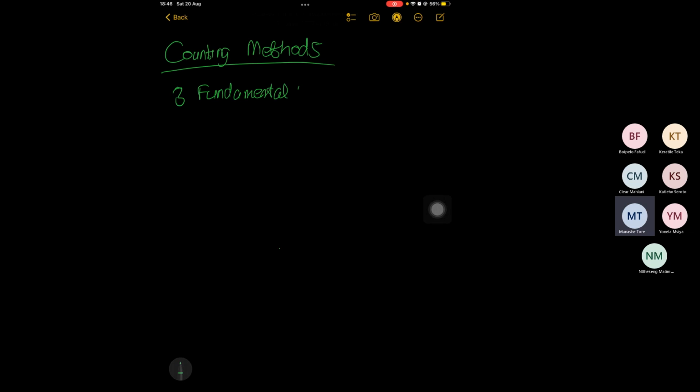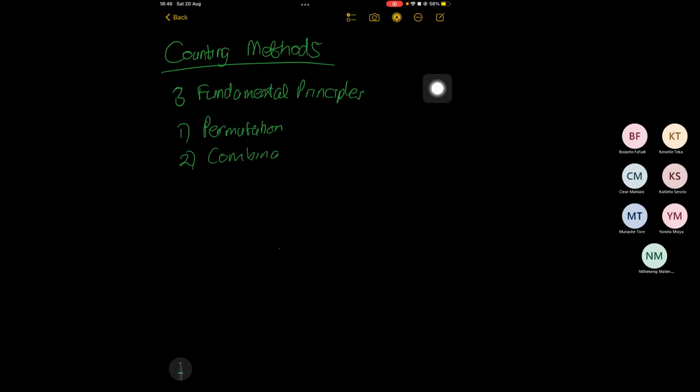The first one is permutation. Then from permutation, we have combinations, and we also have the multiplication principle.